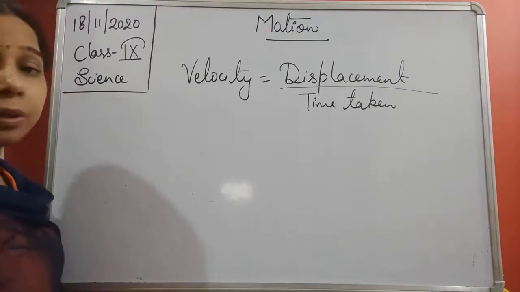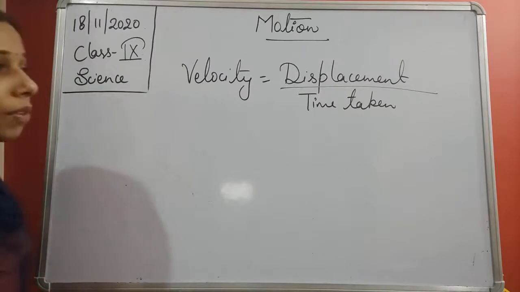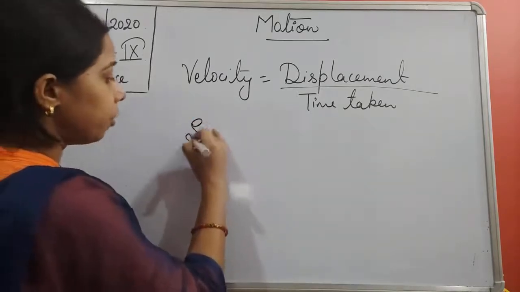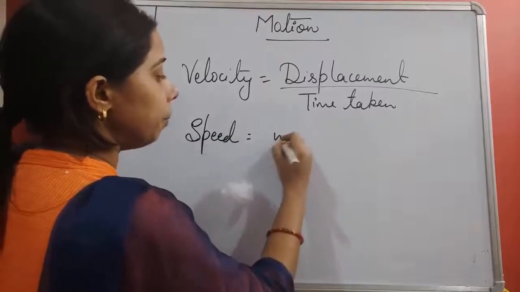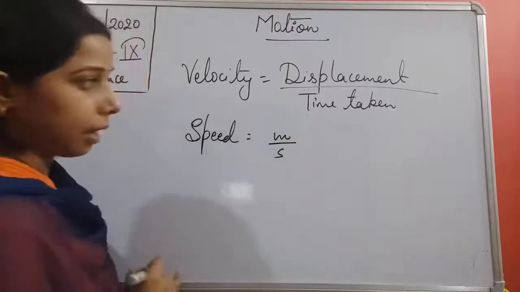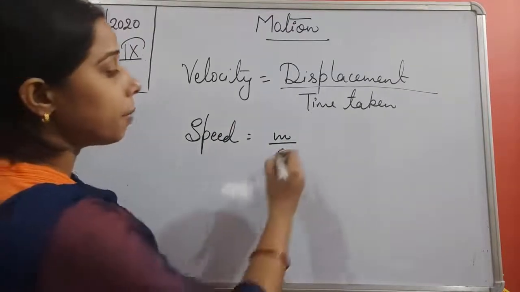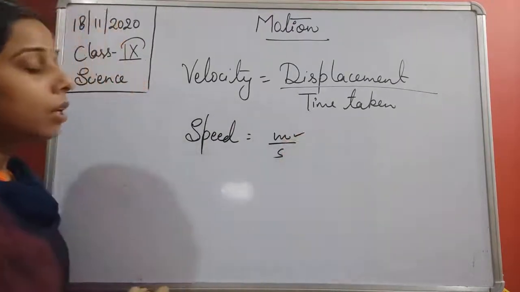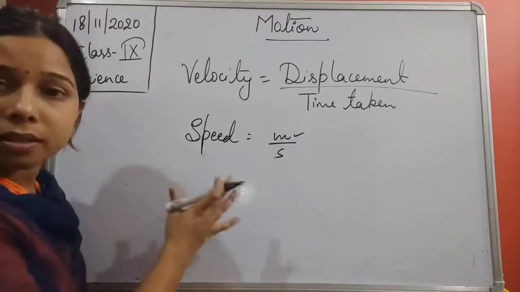Now, what about the formula? We have discussed in the case of speed. If we talk about speed, speed is equal to meter per second, right? How does it come, students? Because we know that speed is equal to distance upon time taken.